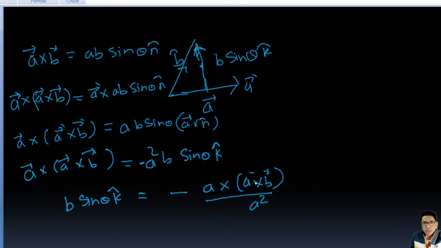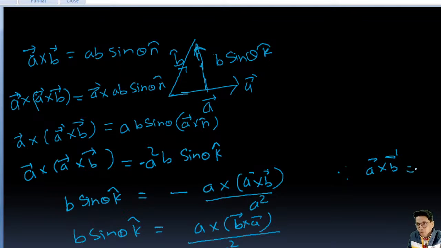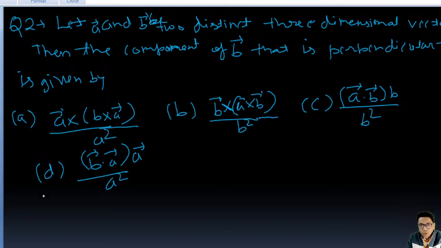But in our options there is no negative sign, so, since the options have a vector cross product, it is going to be minus B cross A, giving A cross B cross A upon A square.